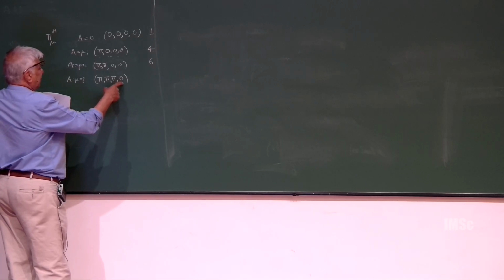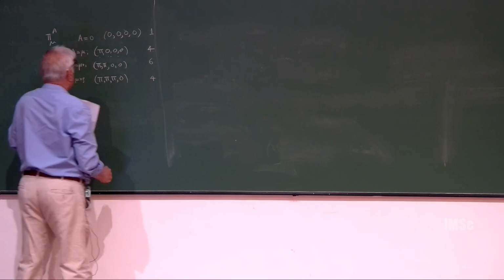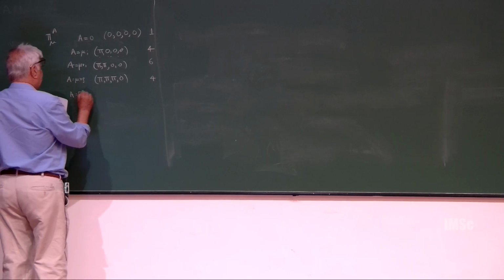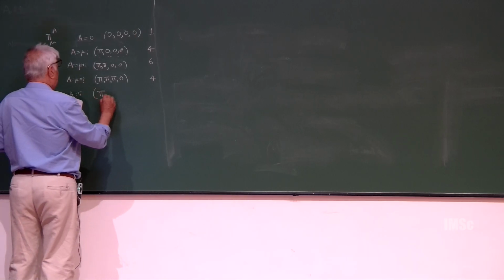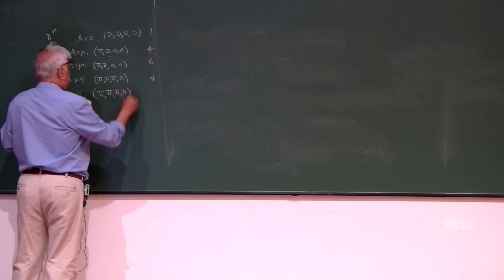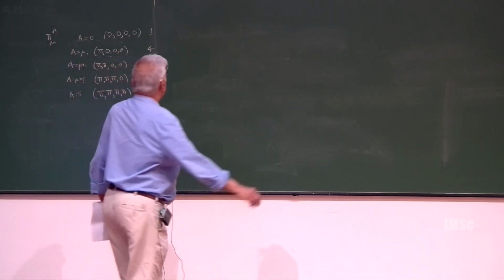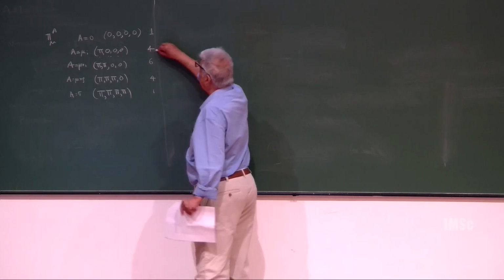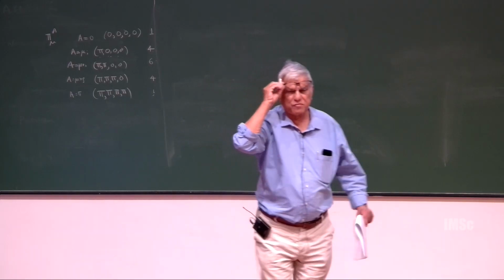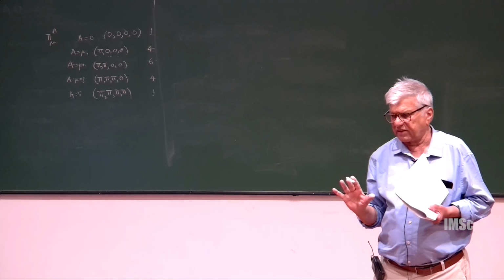So 0 can occur in any of these 4 places, and you have 4. And finally, you have, let's call it 5, where momenta in all directions are at pi, and there's 1. So you add it up, you get 5, 11, 15, 16. So there are 16 such special momentum vectors.